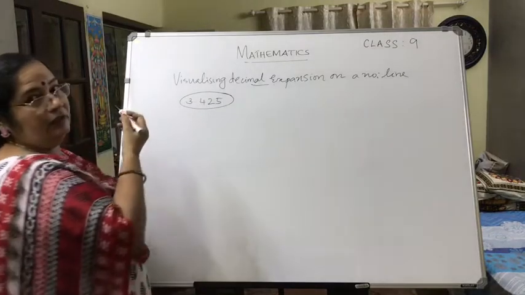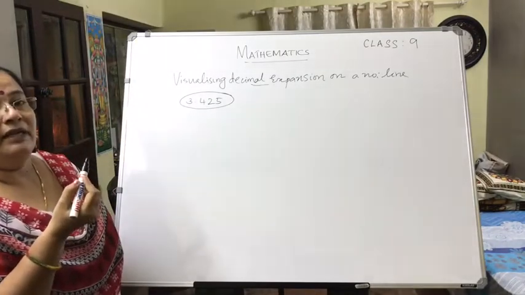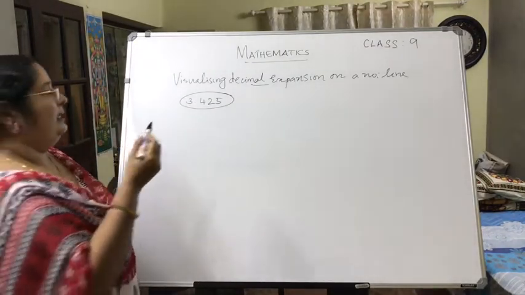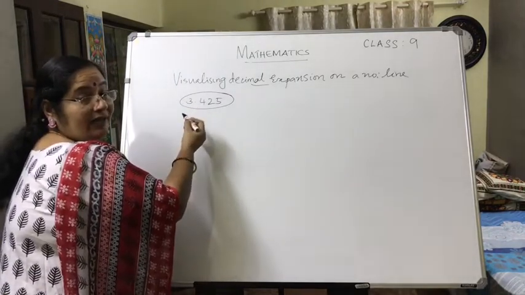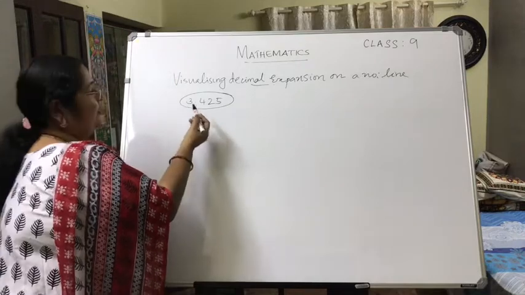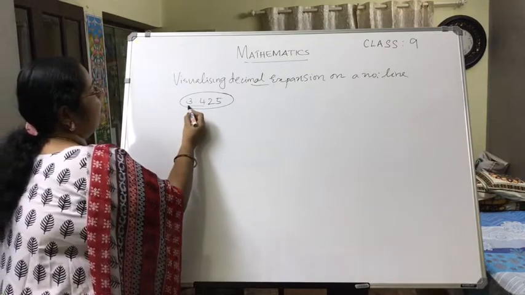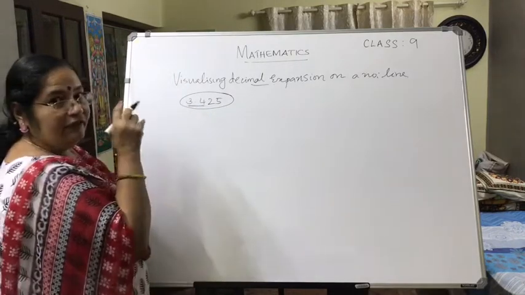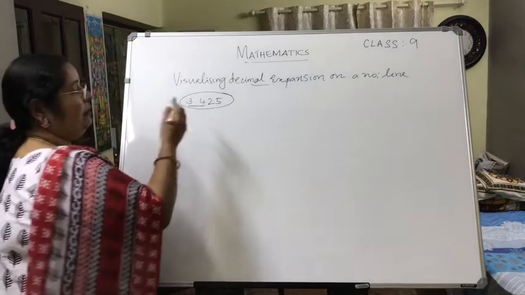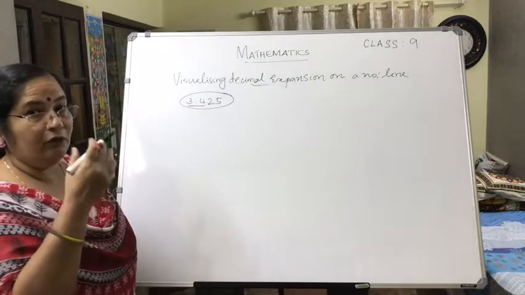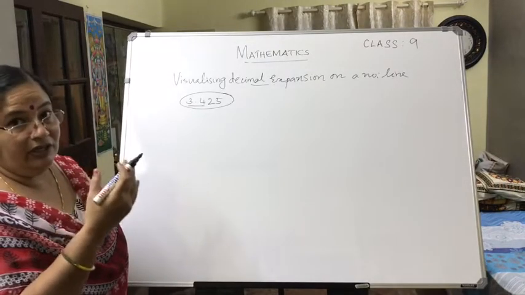3.4. So 3.4 means in the number line, this will come between which two numbers? 3 and 4. So the first step is you look into these two places: the first decimal place and the whole number place. So 3.4 will come between 3 and 4.